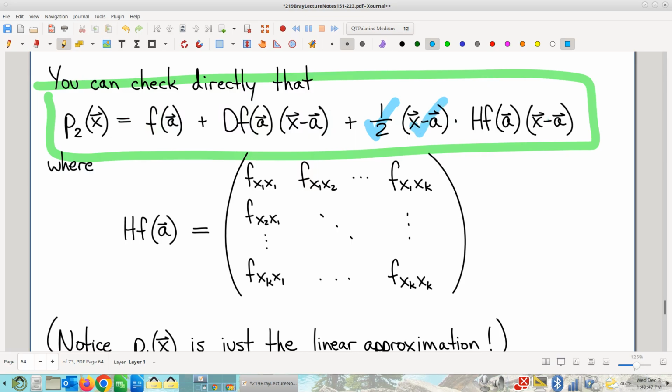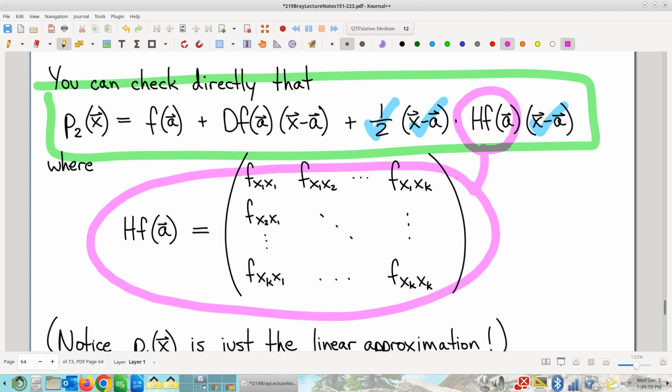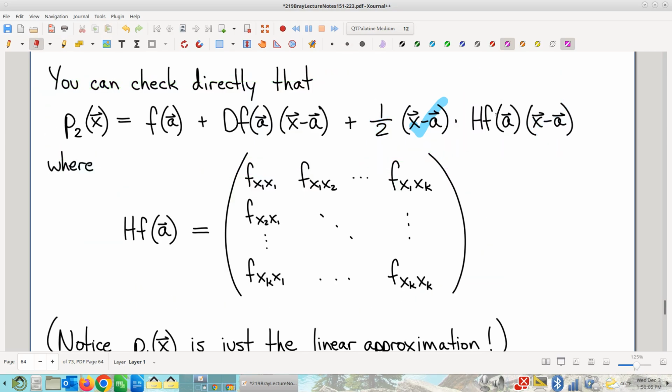There's two different factors of x minus a, which of course are now vectors, just like in single variable. And there is something related to second derivatives, just like in single variable, but now we're going to see that there are some pretty significant differences here.